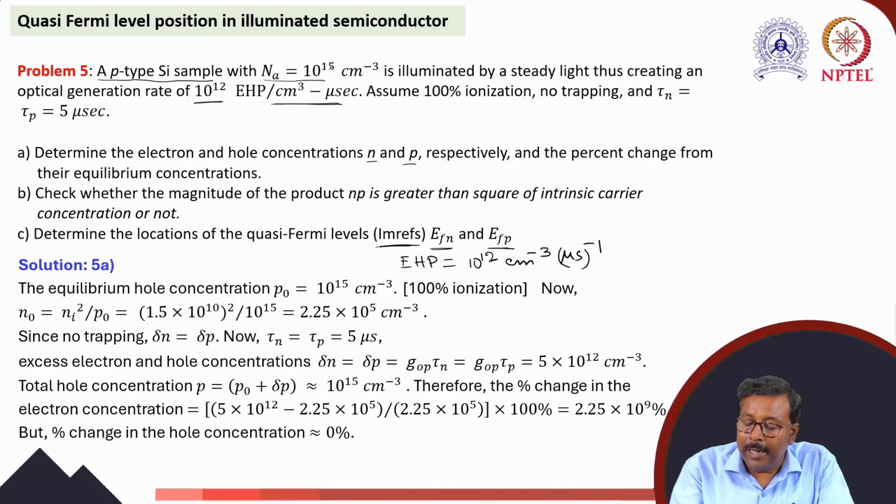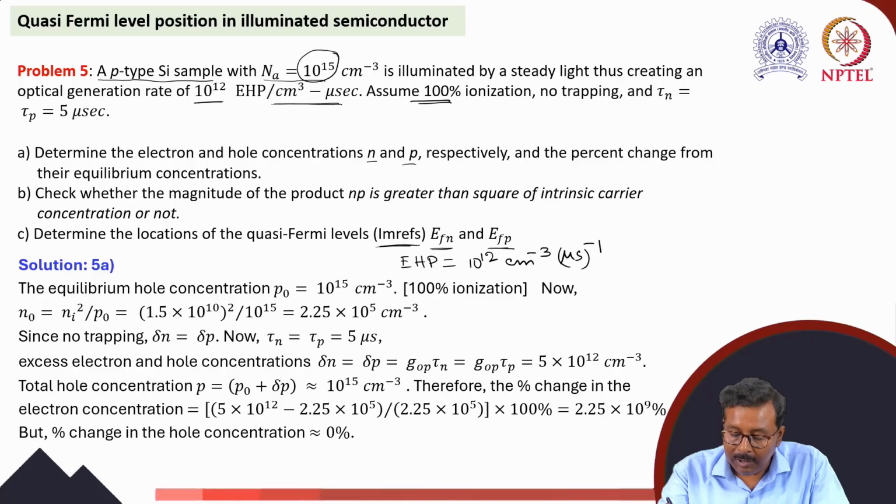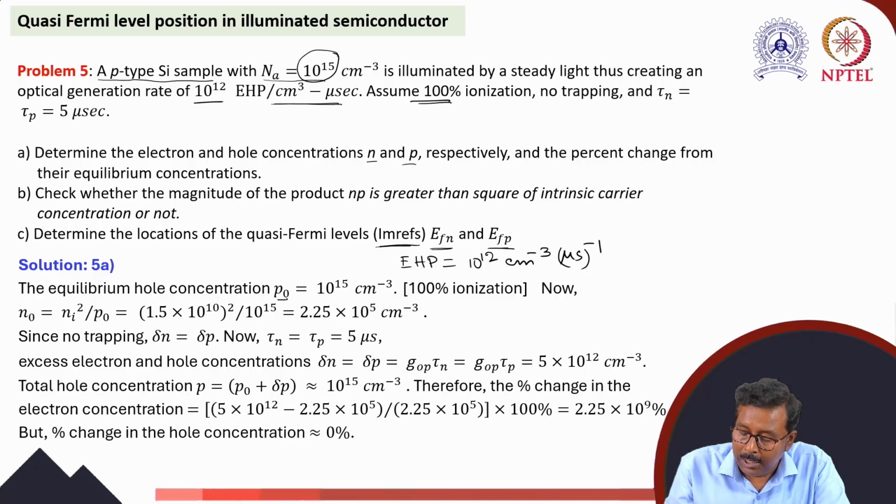First of all, Na is equal to acceptor concentration 10 to the power 15. 100% ionization is there. That means the whole concentration, also the equilibrium whole concentration, be careful, will be P0 is equal to 10 to the power 15, the same. Now N0, the equilibrium electron concentration can be obtained from the mass action law, that is Ni square divided by P0. If you put the value Ni, that is 1.5 into 10 to the power 10.